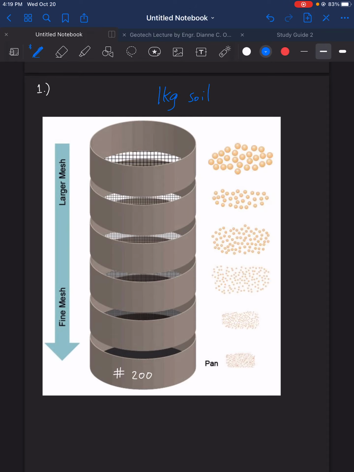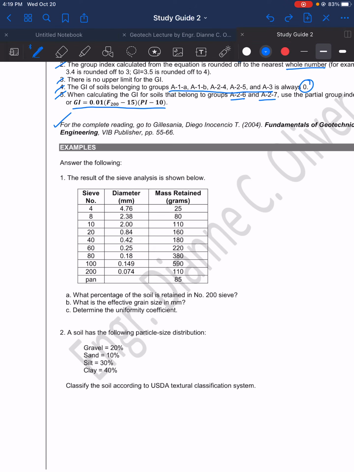So how do we get the percentage retained here? If only 85 grams is what passed through number 200, that means we need to total this. So what's the total?